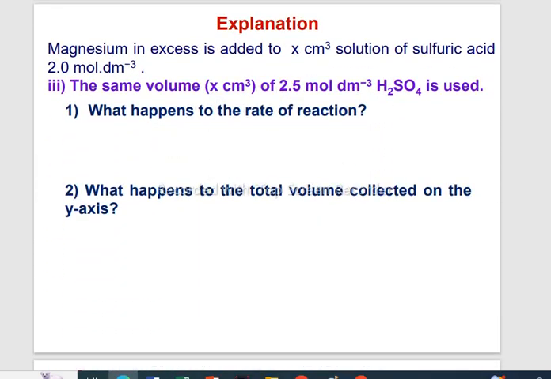Now I'm going to go through another one, triple I. The same volume, x cubic centimeter of 2.5 mole per decimeter cube sulfuric acid has been used. So starting with the rate, since the concentration of the sulfuric acid, the limiting reactant, increases, the rate of reaction will definitely increase.